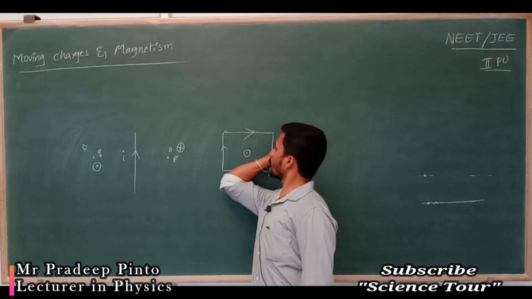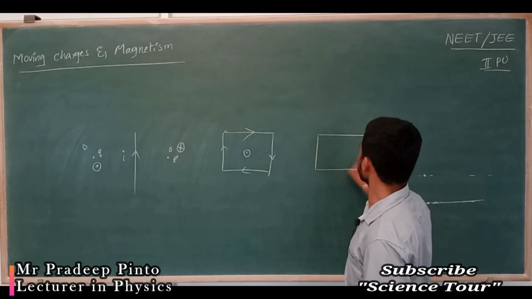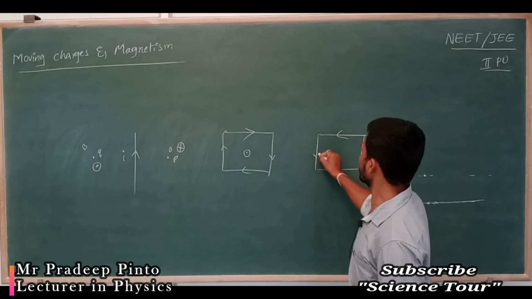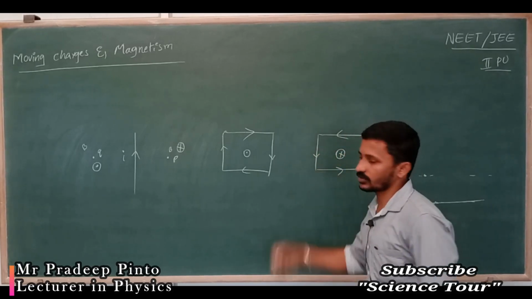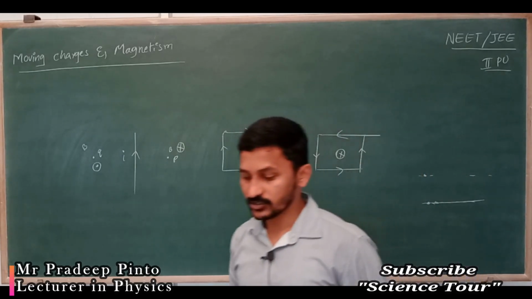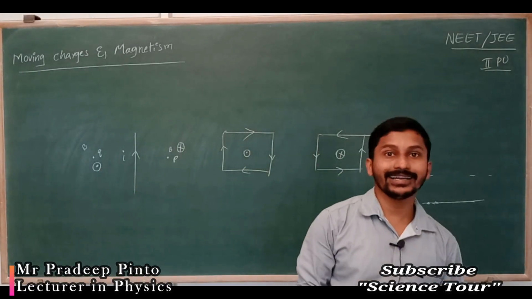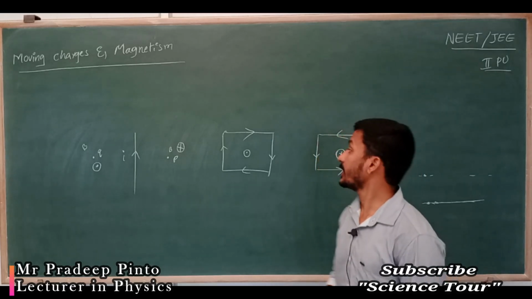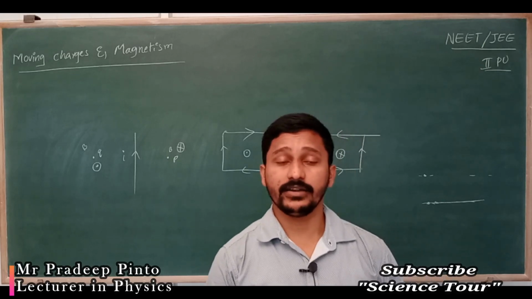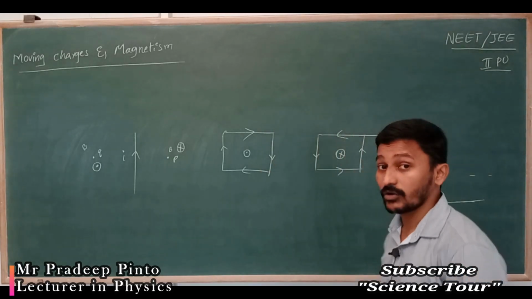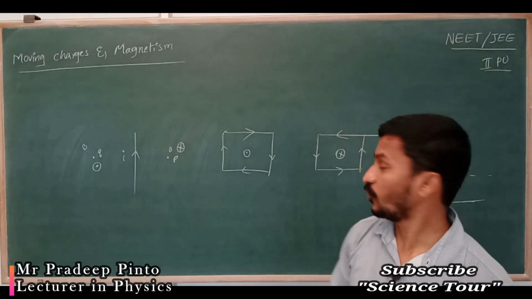If it is anti-clockwise, then the field is towards you, crossing towards you. So different loops give different directions. Now we have discussed only the direction of the magnetic field here and nothing else. Next we have to discuss the magnitude of the magnetic field or the force.